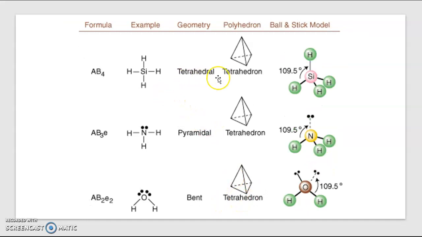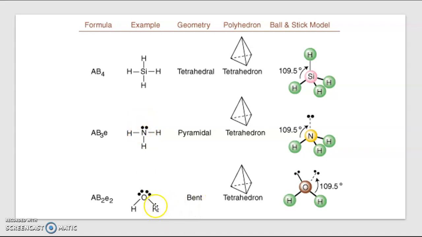In the case of the tetrahedron, the molecule could be tetrahedral, pyramidal, or bent according to the number of lone pairs. In this case it is pyramidal because even though we have four electron groups around the central atom, one group is a lone pair.